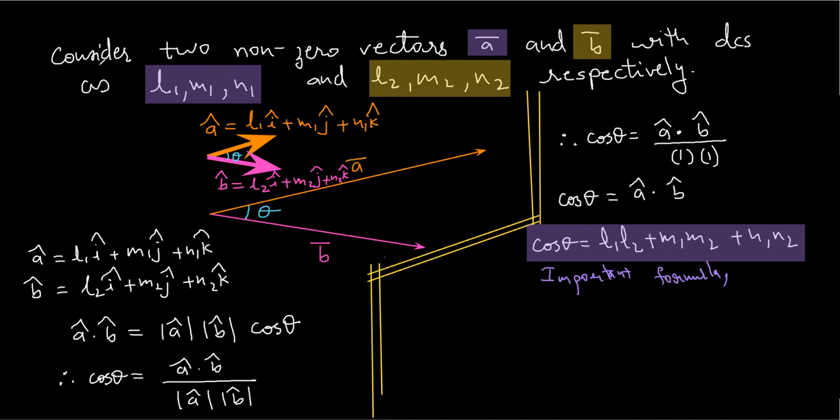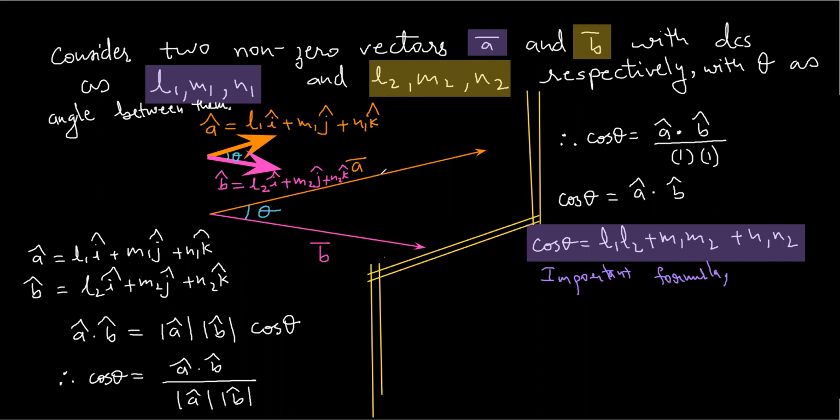So here you have two vectors a bar and b bar, and one more thing I will add here, respectively with theta as the angle between them.